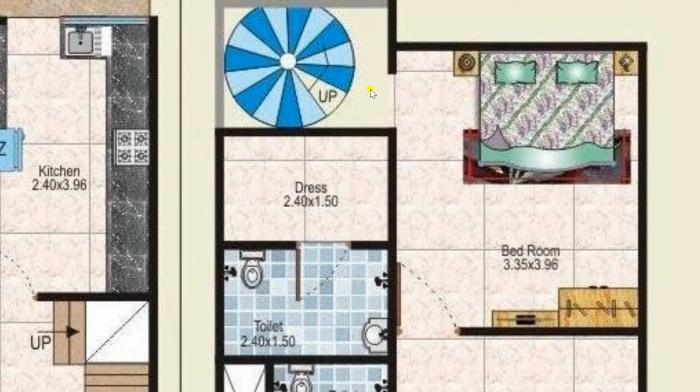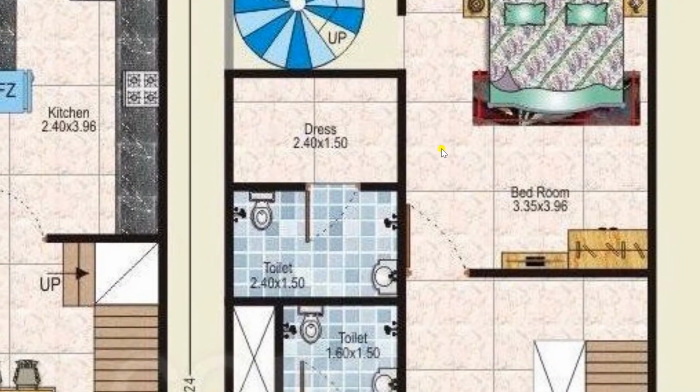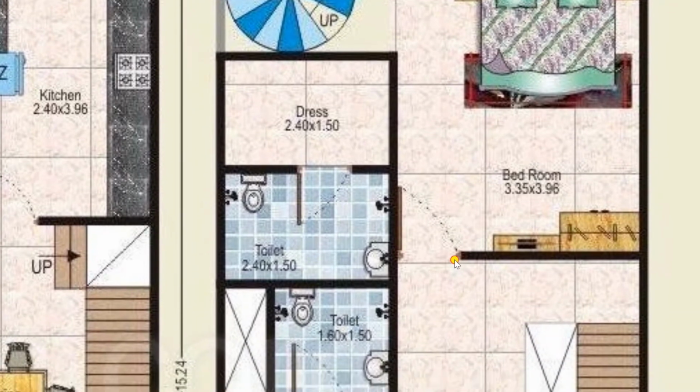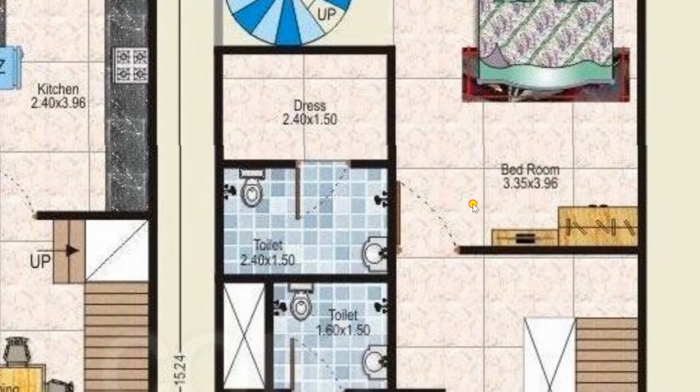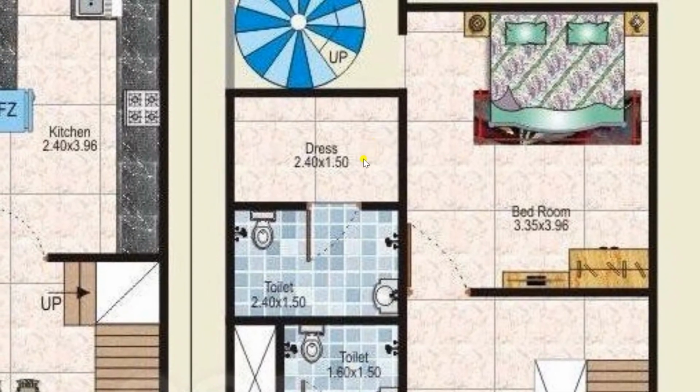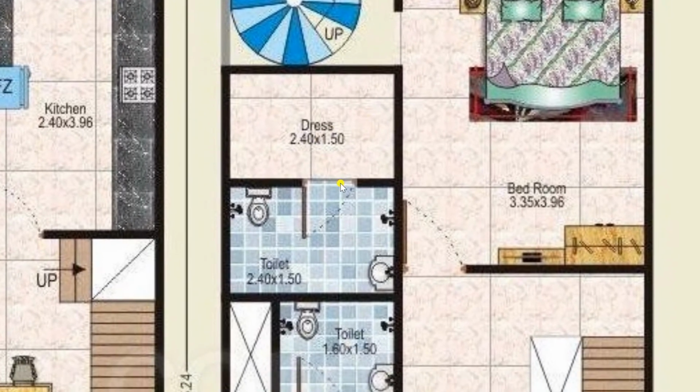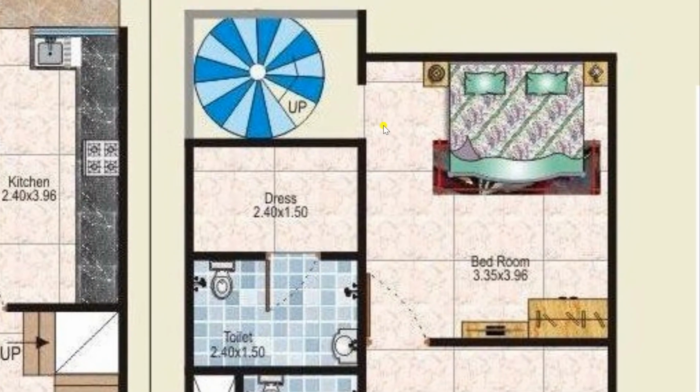You can view there is a vast area available. You can move towards the upstairs also, and from this side you can also enter towards the dressing room, and a toilet is available of dimension 2.40 by 1.50 meters. Here the entrance is available.